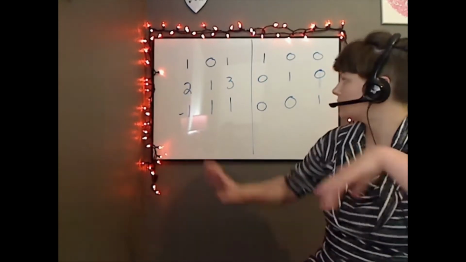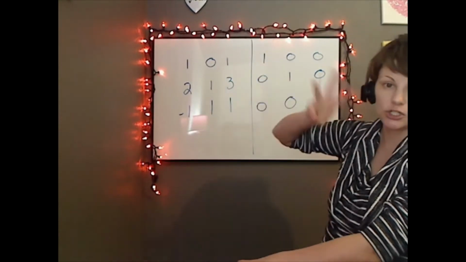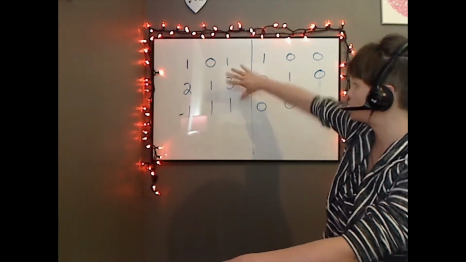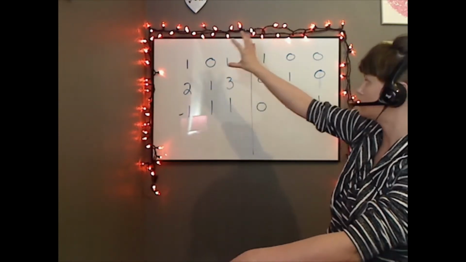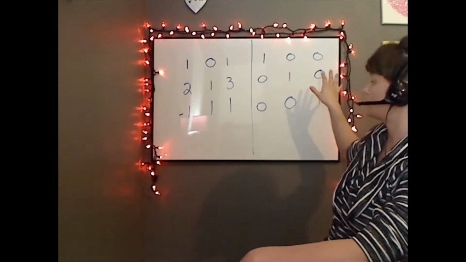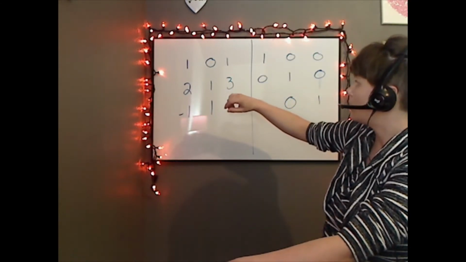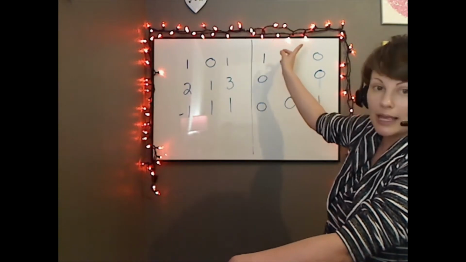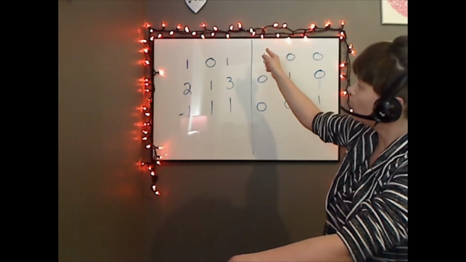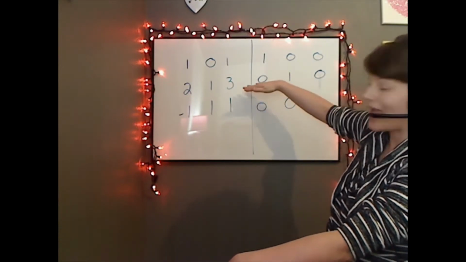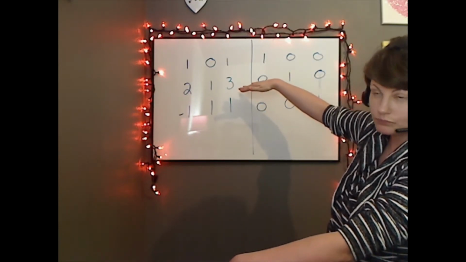So when we work with this matrix, there's three things that we're allowed to do. We're allowed to switch two rows, just completely take one row and transpose it with the other row, just flip-flop. We can multiply a row by any number, or we can multiply a row by a number and then add it to another row.